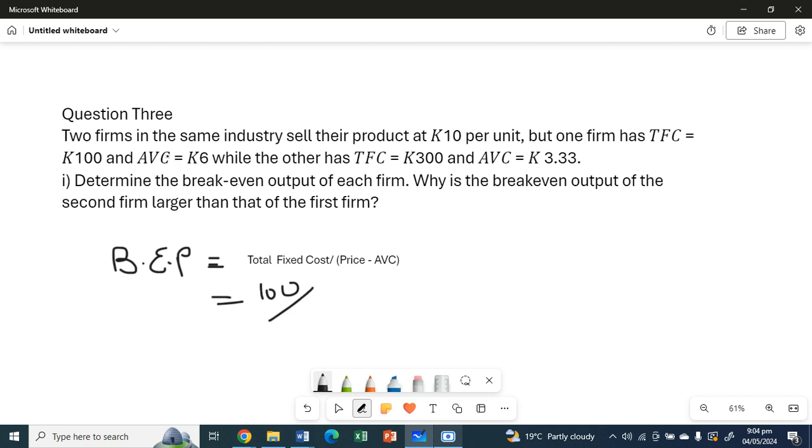When you hear average variable cost, it means the average variable cost for each unit. In economics, when you hear average fixed cost or average variable cost, take it as per unit. So the price is 10 kwacha minus the average variable cost of 6 kwacha.